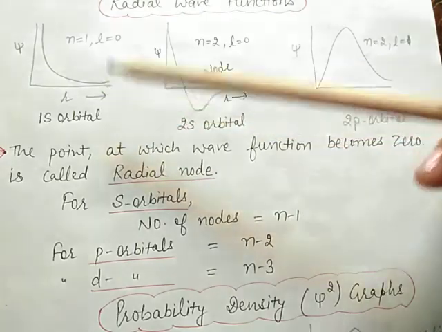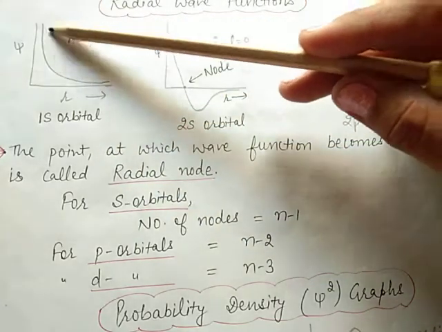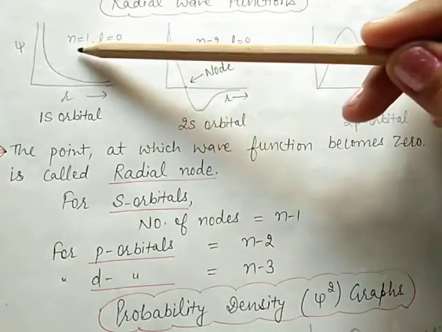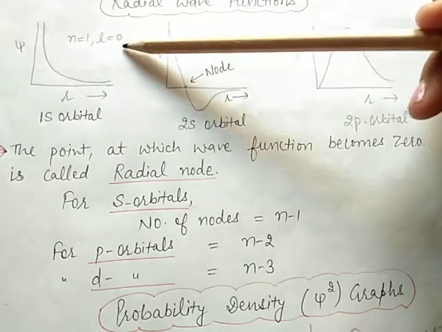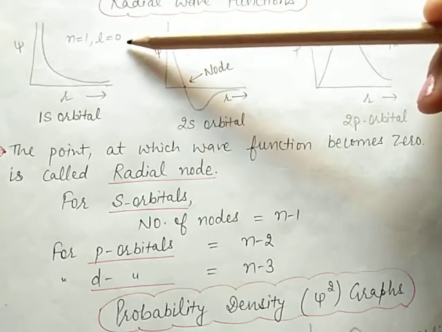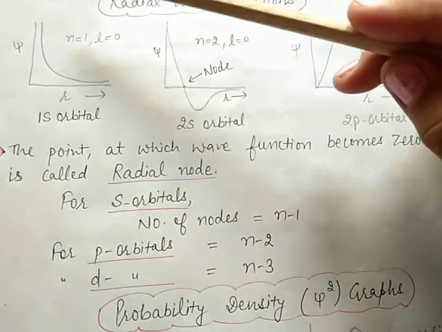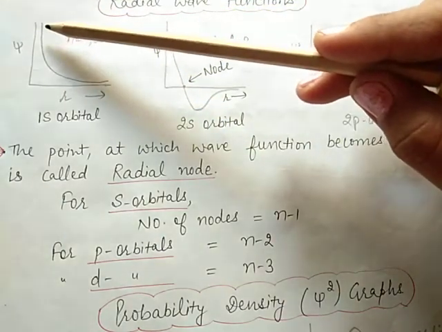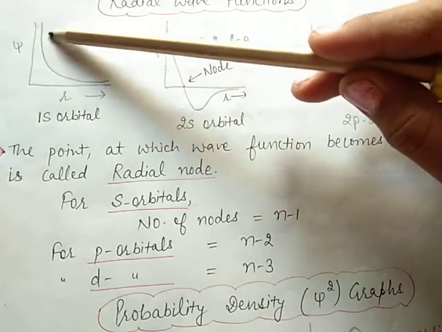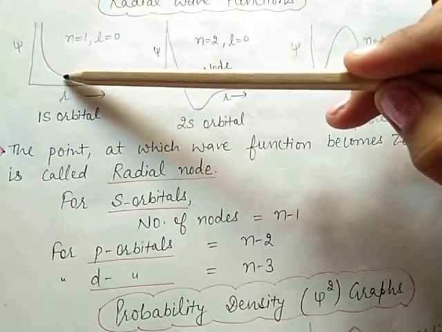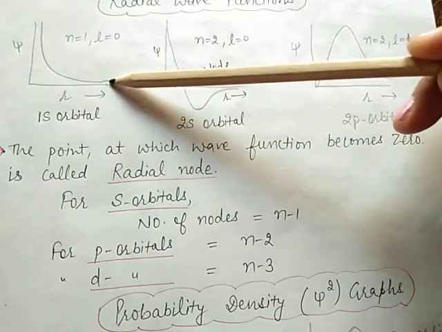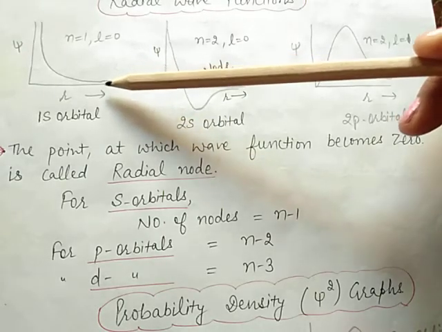The wave function of 1s orbital, where n value is 1, l value becomes 0, continuously decreases as the value of r increases.